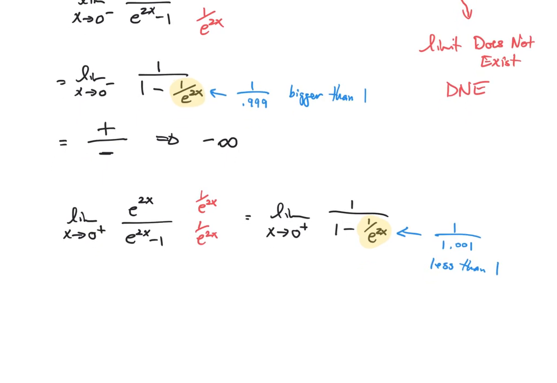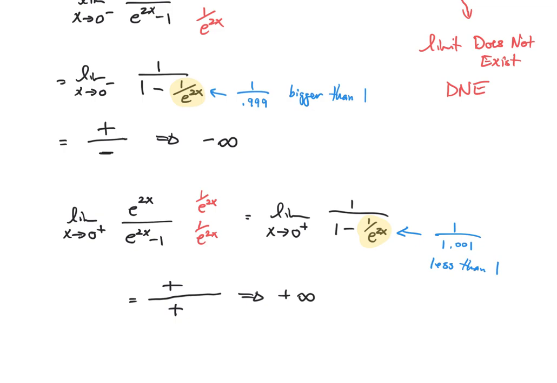Again, we're really concerned about the sign of this thing. The numerator is going to be positive because 1 is a positive number. But the denominator is going to be 1 minus a number that's less than 1, which is also positive. So this tells us that we're going to get a positive infinity.